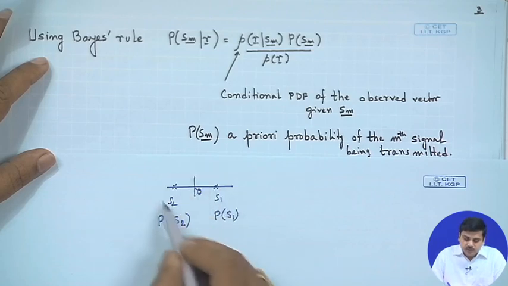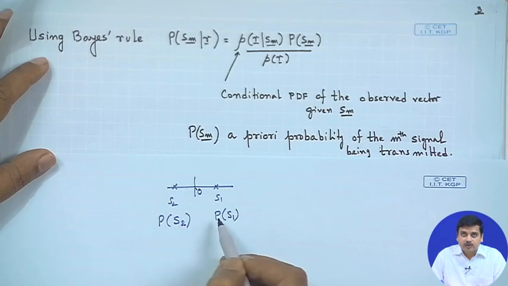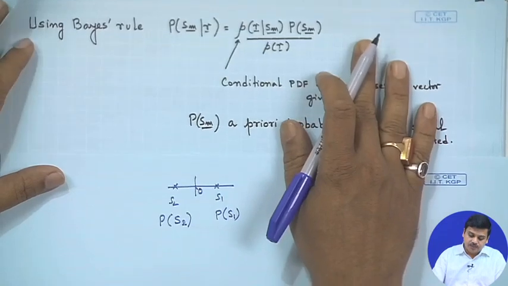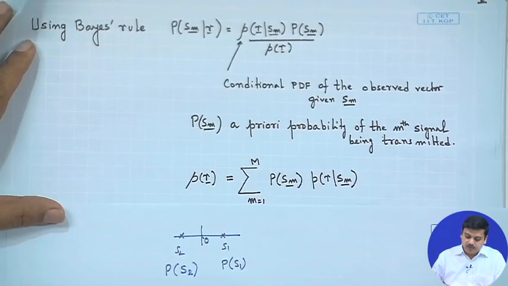You can make the mean 0 with some other probabilities also. In that case, the probabilities would have non-equal values. So, in either case, P of Sm is the prior probabilities. Generally these probabilities are equal, but there could be situations where these are unequal.